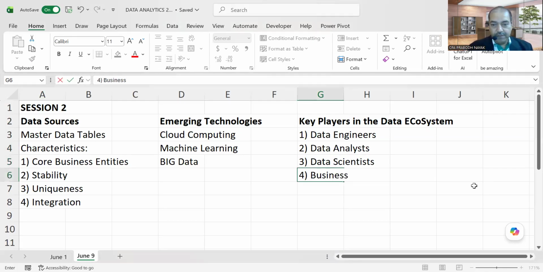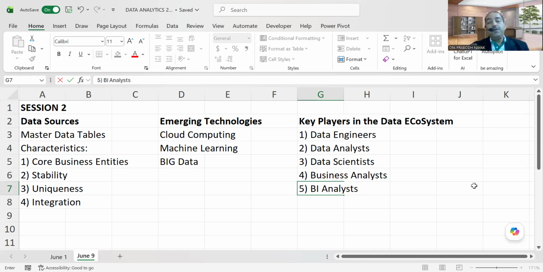Business analysts. And along with the business analysts, we have business intelligence analysts. Actually, they are both working together, business analyst and business intelligence analyst.